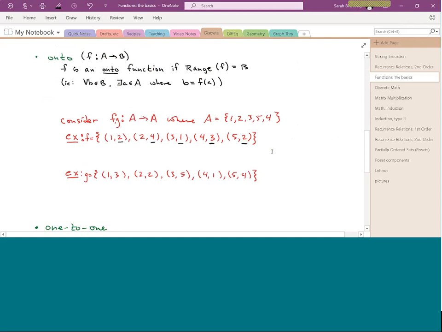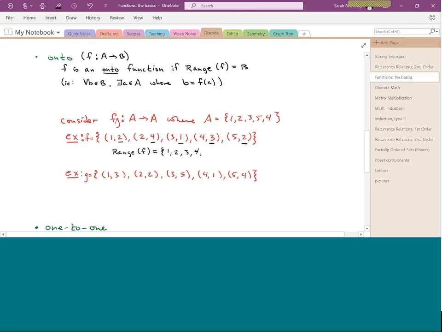Now, if we look at those second positions, our range of this function is just pulling those numbers. So notice what numbers there are. We've got 1, we've got 2, we've got 3, we've got 4. Do we have another element?